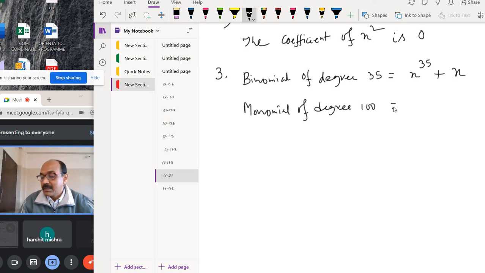That is a monomial. So the degree is 100, that means power 100. So you can write 5y to the power 100. Many examples you can write. This is one of the answers, 5y to the power 100. Y is the variable, the degree is 100, only a single term. Monomial. Okay.